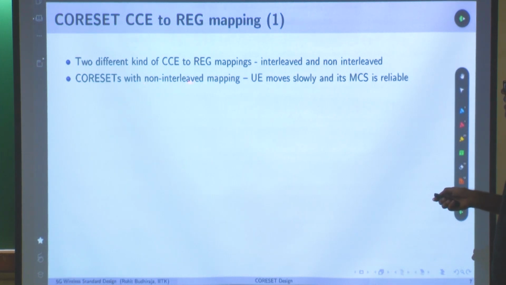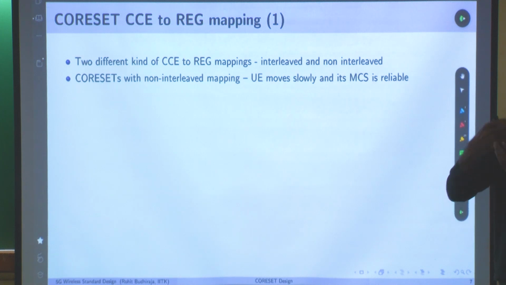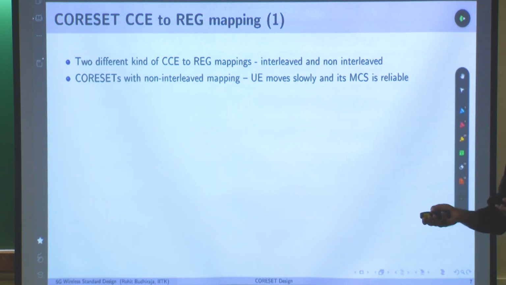Core sets with non-interleaved mapping, basically what is happening here, I will show you that. Typically this kind of mapping is done when the UE moves slowly and its MCS is reliable, in the sense that we are assuming the UE has already reported its MCS in some form. If the user is moving fast, MCS will also keep on changing and it will not be reliable, because if you are moving in a fast speed vehicle, sometimes you will observe good SNR conditions, sometimes bad SNR conditions.